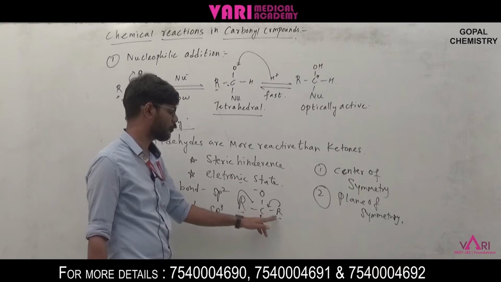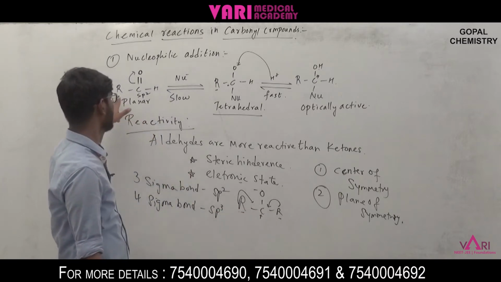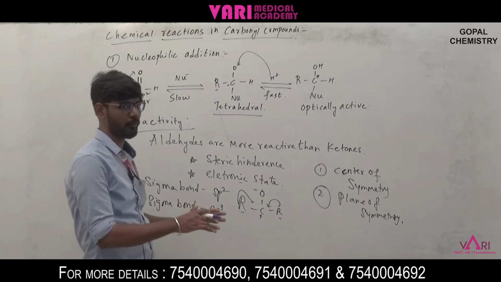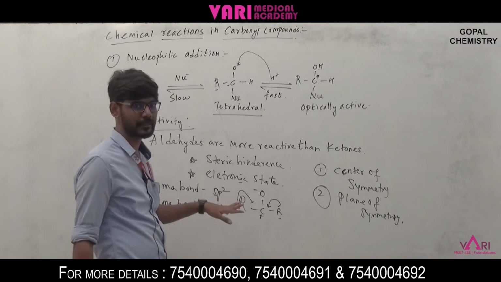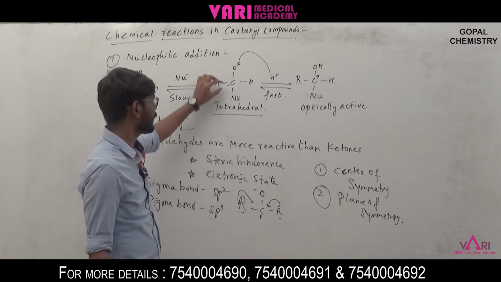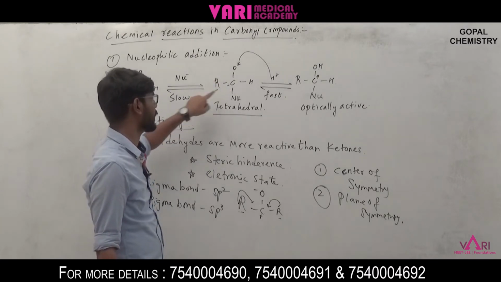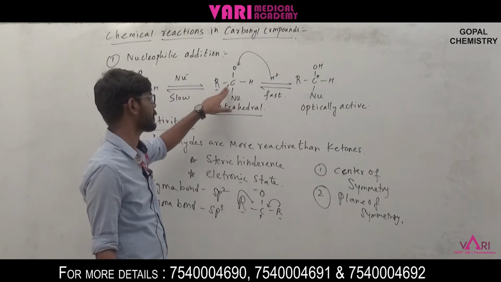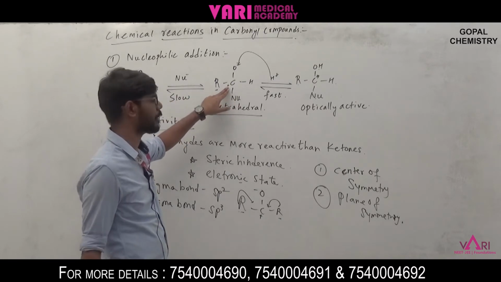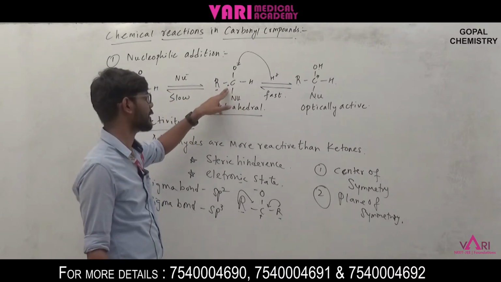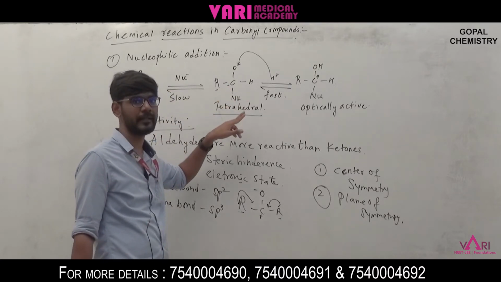Here there are two plus I groups, and the aldehyde has only one plus I group. So why do we have to discuss this? Because the positive charge makes the reaction faster: if it is highly positive, then the nucleophile is added very rapidly. If it is less positive, then the nucleophilic addition will be hindered, right?